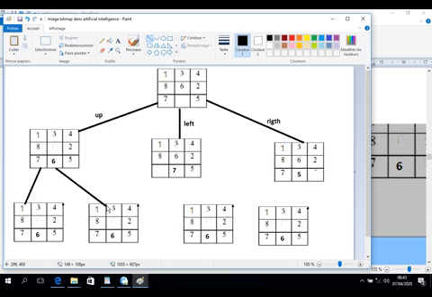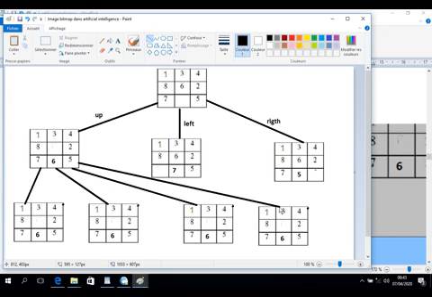So from this state we can go like that. Like that. And then from this one we can have two. We can apply two operators from there too. Okay, but let's follow this one.